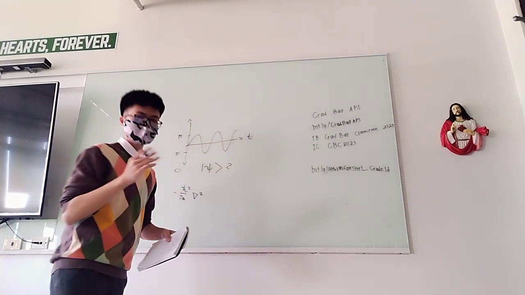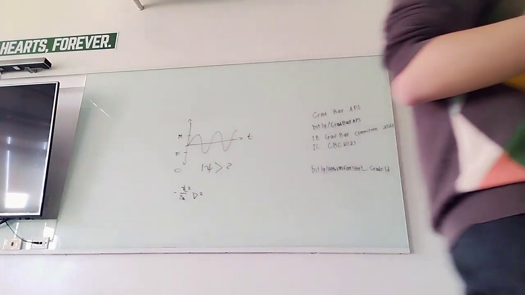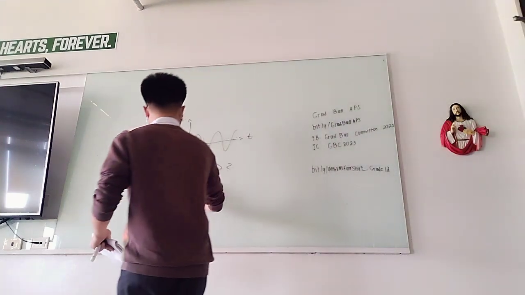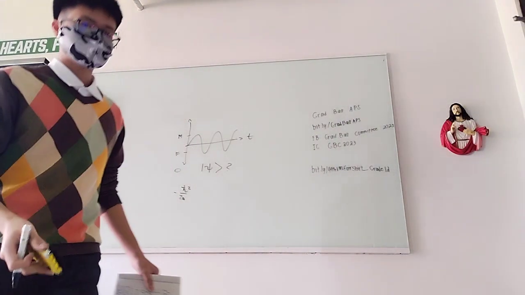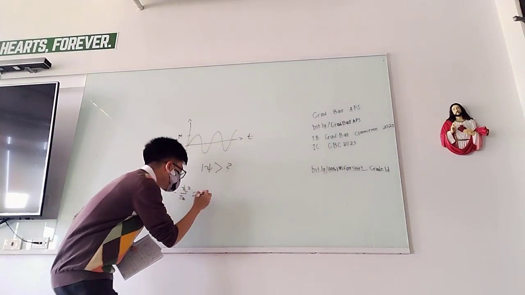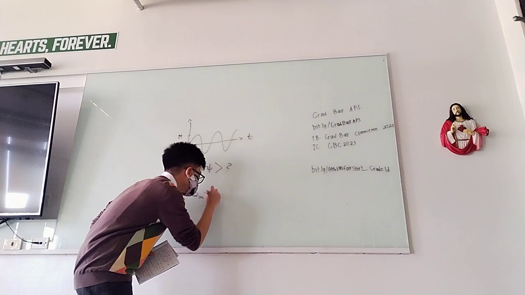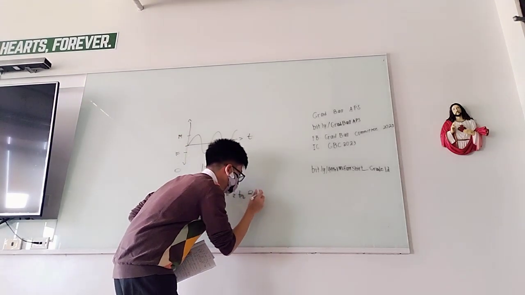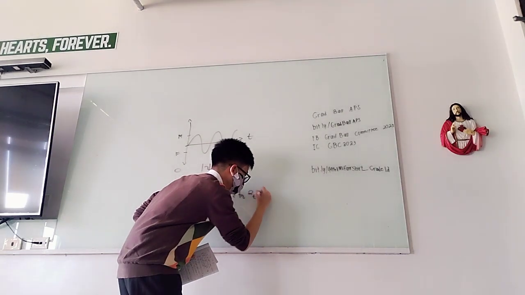Or let's use the time independent Schrödinger equation. So time is not dependent, or the probability is not dependent on time. So let's just use dx of psi is equal to i h bar dt psi.